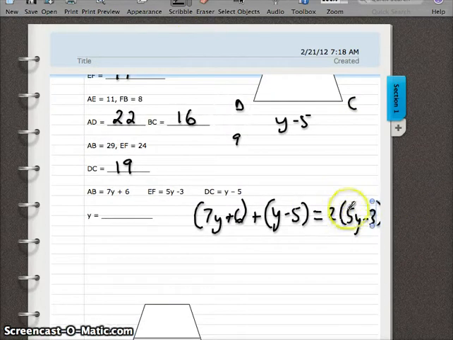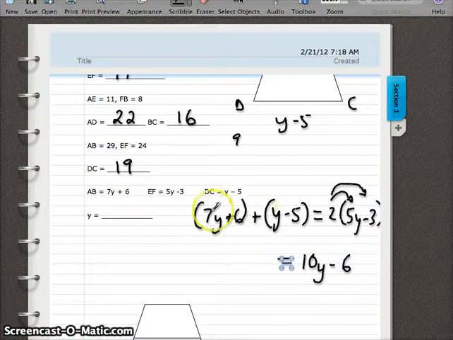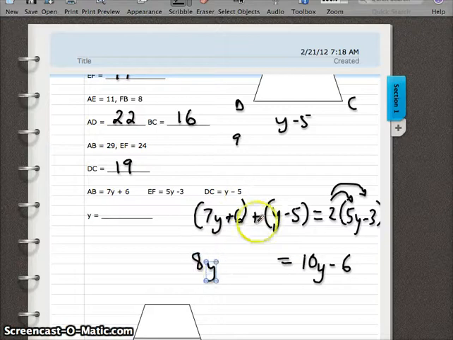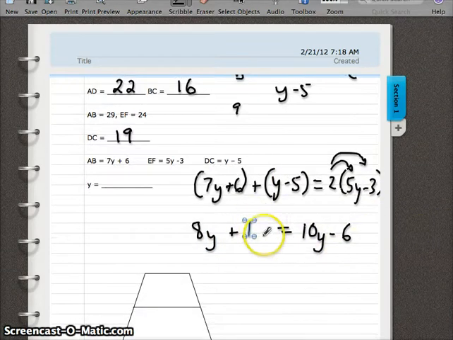Alright, well, let's distribute over here. 2 times 5y is 10y, and 2 times negative 3 is negative 6. I'll combine my like terms on the left side. We've got 7y plus 1y, that gives us 8y. And 6 minus 5, or 6 plus negative 5, gives us positive 1. Let's combine our like terms on opposite sides here.